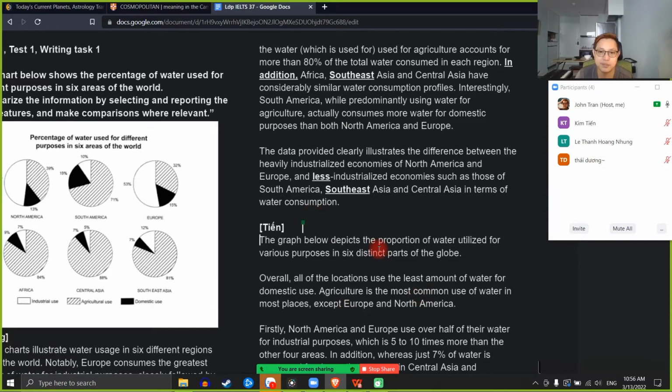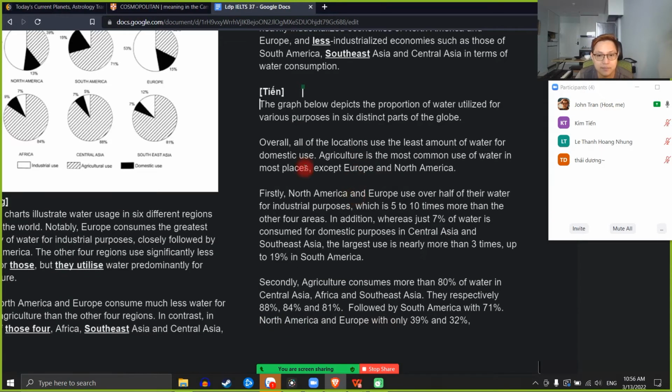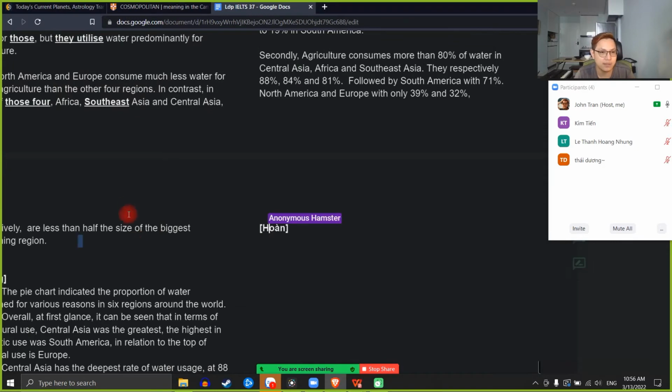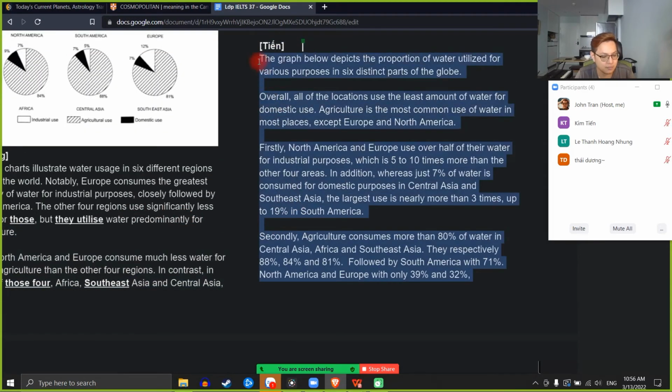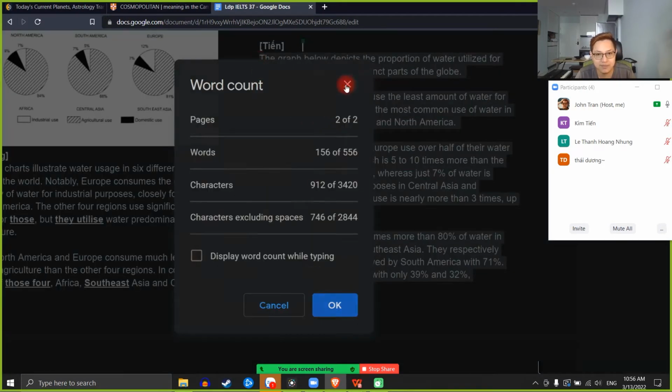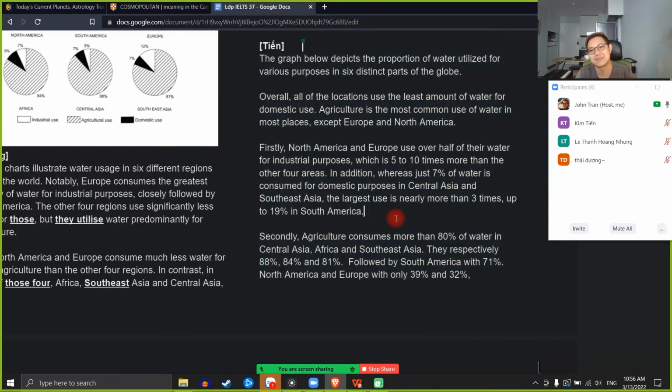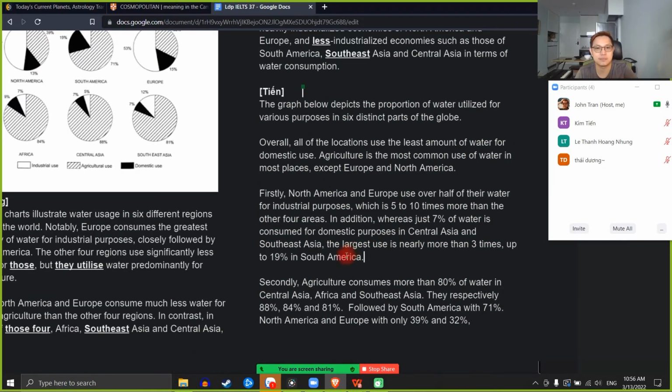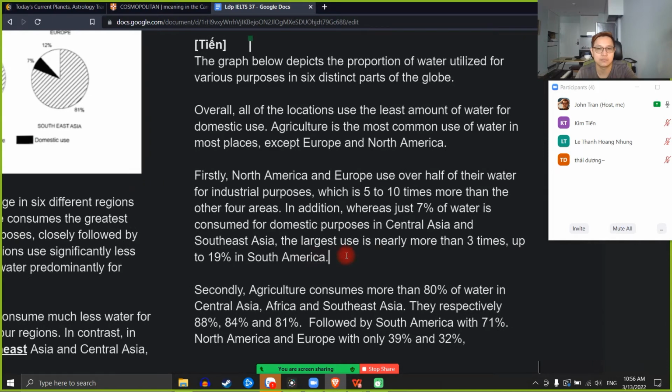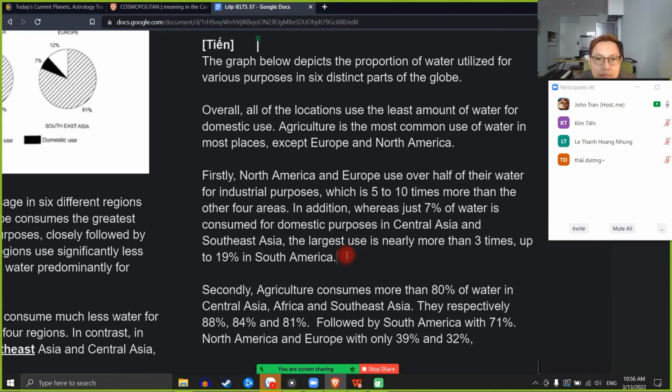Graph below depicts a portion of water utilized for. Okay. Vẫn cảm thấy hình như Tiến chưa đủ chữ sao? Oh, 156. Okay. 156 rồi, okay. I have 4 IELTS classes today. Oh.